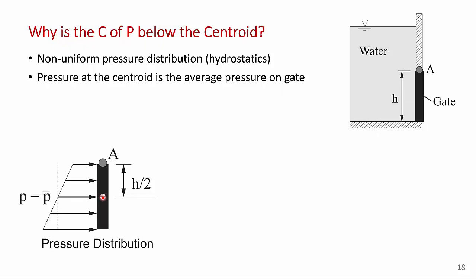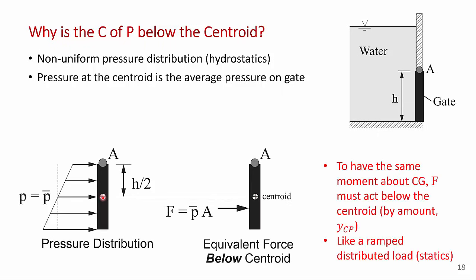And so when you replace this with a single force, which is what we're doing, we're replacing it with a resultant force at the center of pressure, we place it below the centroid because this pressure distribution has a counterclockwise moment about the centroid. And you find, of course, the center of pressure is the location where it has the equivalent counterclockwise moment as the pressure distribution.